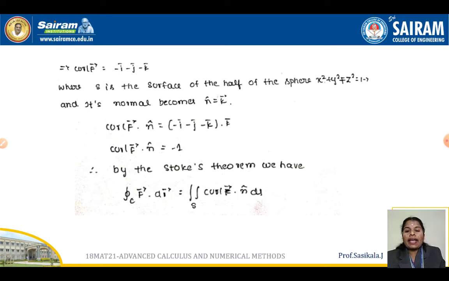Where S is a surface, it is given in the question. S is the surface of the upper half of the sphere x squared plus y squared plus z squared equal to 1, and its normal n cap is equal to k vector. So now you can take the curl of F vector dot n cap, which is i vector minus j vector minus k vector dotted with k vector.